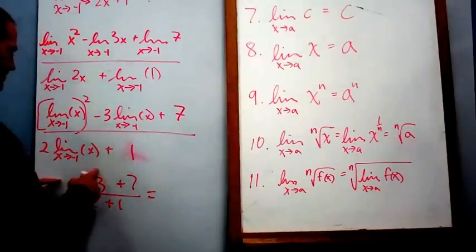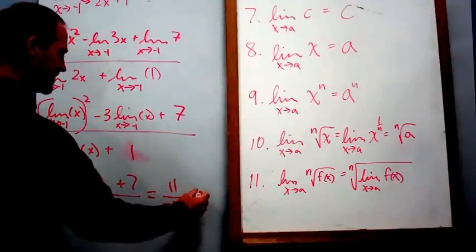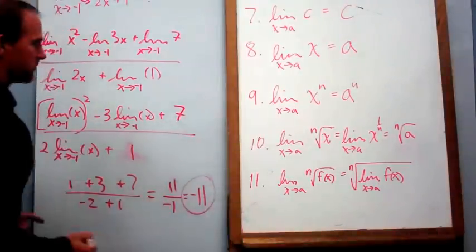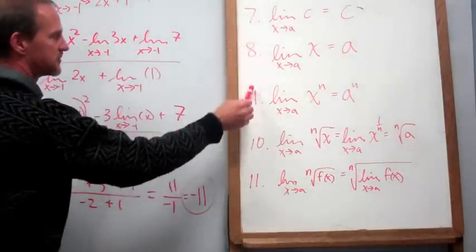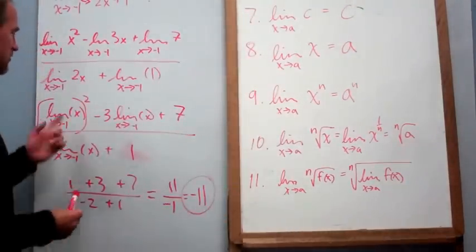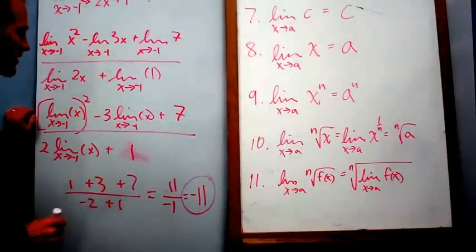This gives me 1 plus 3 plus 7 is 11 over -1 equals -11. Okay? So, like I said, I will let you look through and attach the number of each step to the way I've broken it down, but that's the idea that you do. There's another good example in the book.